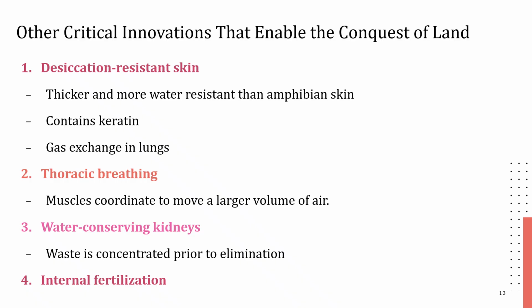It contains keratin, which is a structural protein, to kind of strengthen it and make it a little bit thicker. And related to that, we have gas exchange in our lungs. So amphibians can exchange gas through their skin, but our gas exchange in mammals and in other amniotes is isolated to the lungs. This is going to reduce the surface area that is exposed to the air that could dry out, but it's also going to be a very efficient organ for getting that oxygen into the body.